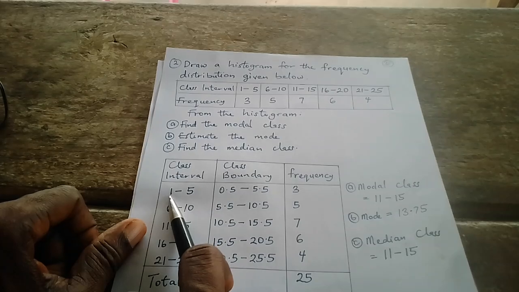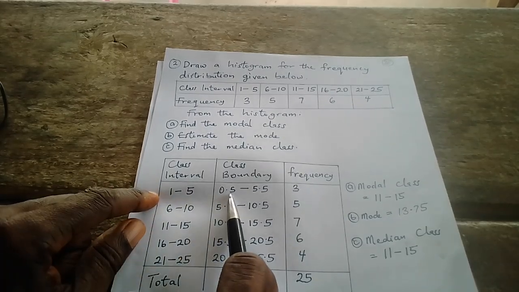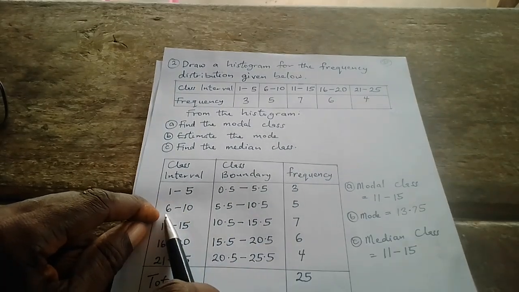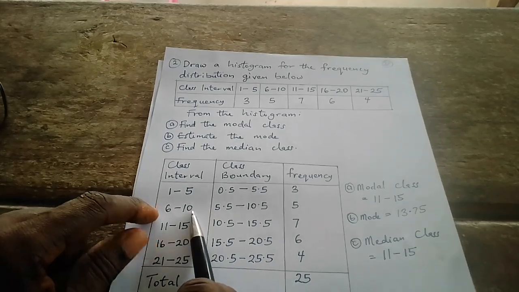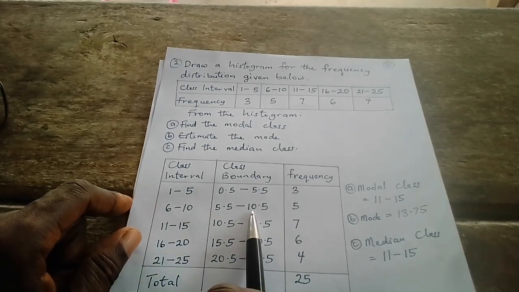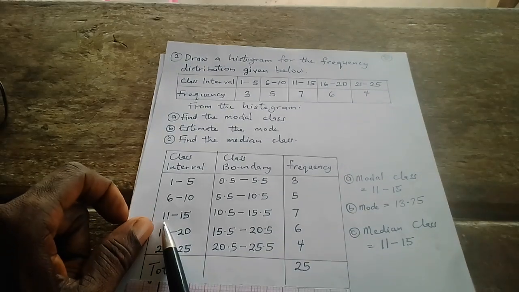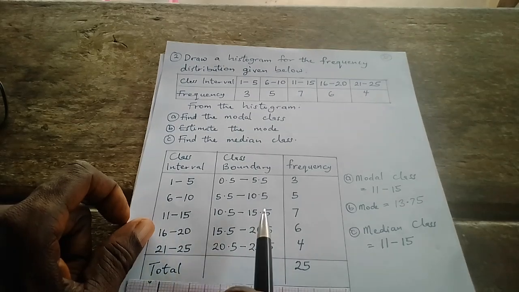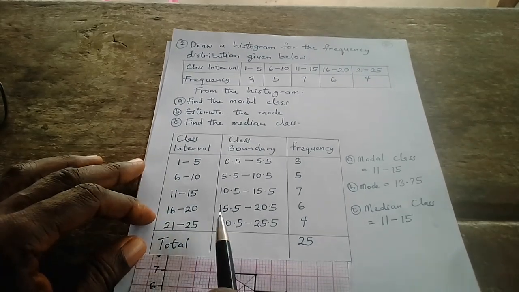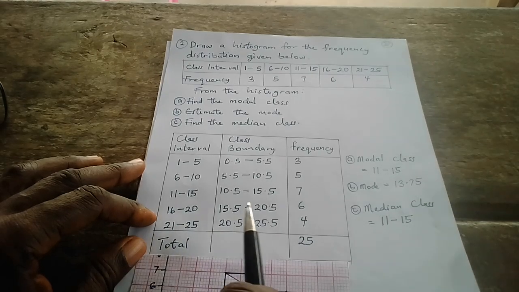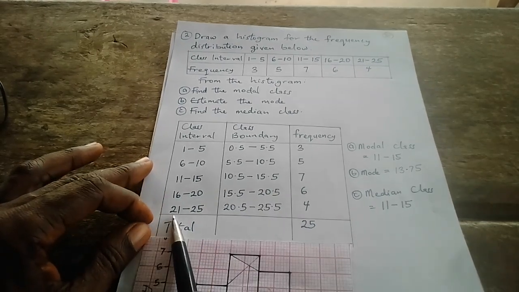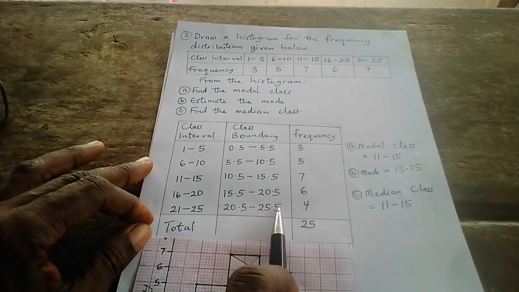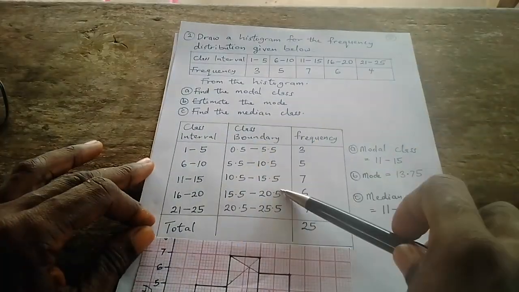So 1 minus 0.5 gives you 0.5, 5 plus 0.5 gives you 5.5, 6 minus 0.5 gives us 5.5, 10 plus 0.5 gives us 10.5, then 11 minus 0.5 gives us 10.5, 15 plus 0.5 gives us 15.5, 16 minus 0.5 gives us 15.5, 20 plus 0.5 gives us 20.5, 21 minus 0.5 gives us 20.5, 25 plus 0.5 gives us 25.5. We have got the class boundaries now.